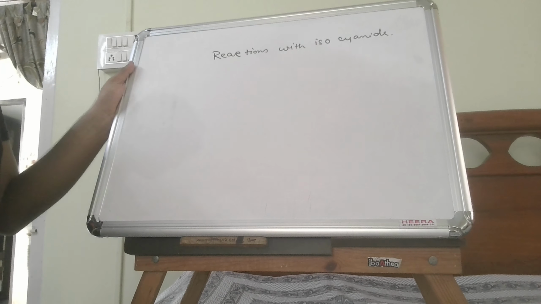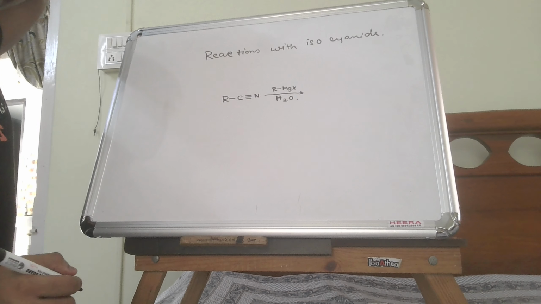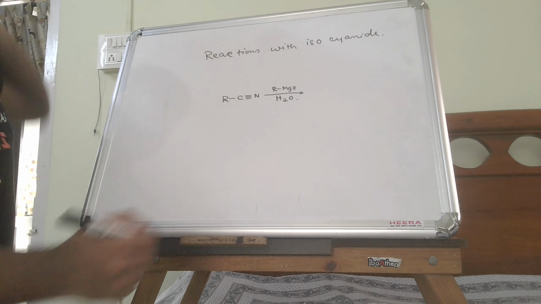RC triple bond N, R MgX, H2O. Now what will happen? R delta minus will attack, and the bond will open up, giving RC double bond N minus.